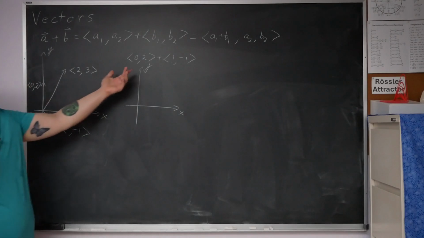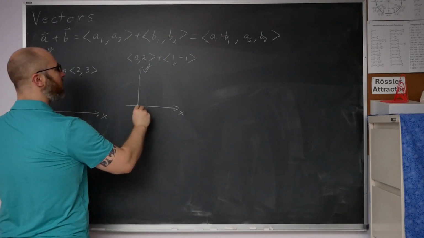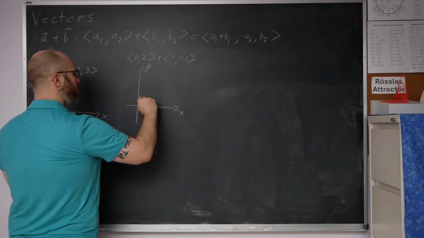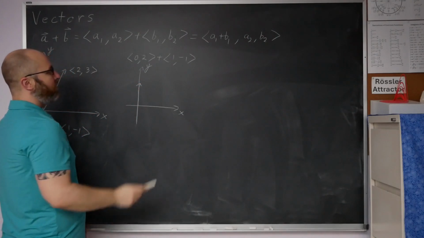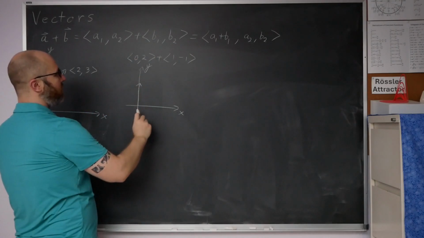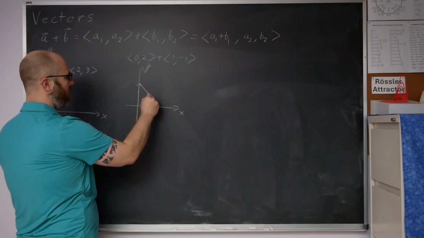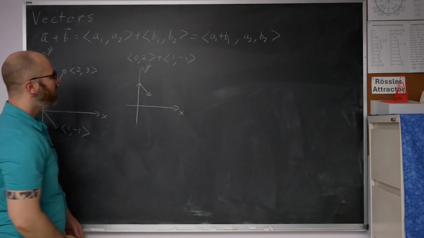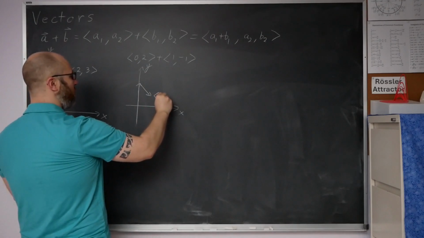So the idea is we're going to take the vector here, we're going to start at the origin for the tail. We're going to go up 2 units. Okay, let's pretend that's 2 units. Then we're going to put the tail of this vector on the head of the previous one, and we're going to go in the direction 1, negative 1. All right, and if I've drawn this well, that ends up being 1, 1.